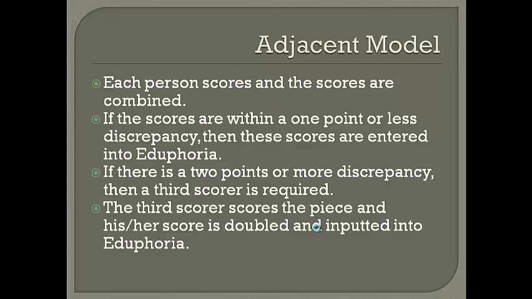They will give it their score, and they will double it, or multiply it by 2. That will be inputted into Eduphoria as that score. It won't go on to another person to see what happens. So the third person would be the expert score that you might need, because it does happen sometimes.